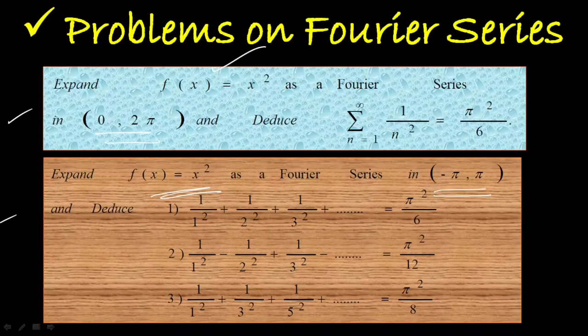But the functions are defined here on −π to π and here on 0 to 2π. And also we have to work on the deduction part too. So first I take this problem, f(x) = x², and let me find the general Fourier series representation, along with deducing the series that is given in the problem.